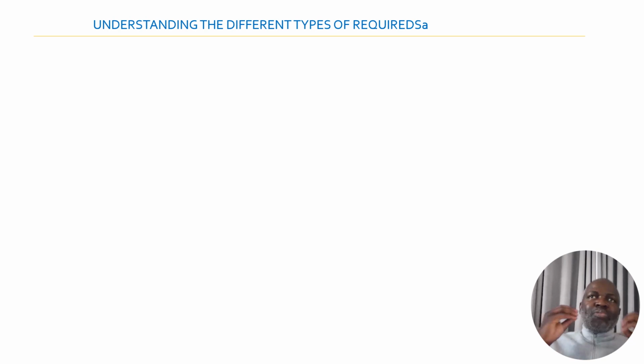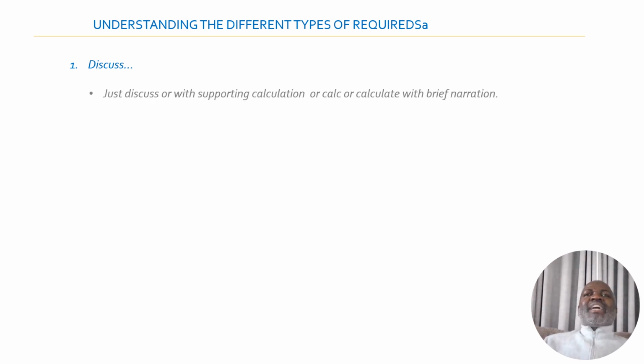But what have you been asked to solve? So that's in the required. First, there's that verb. You've been asked to discuss. Discuss with supporting calculations, or just discuss. Or calculate with brief narrations.